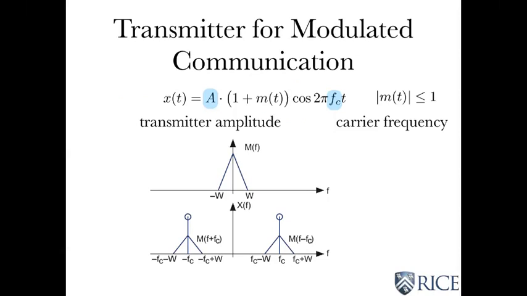Now I want to point out that the message bandwidth here is W. Don't forget bandwidth is defined to be the part of the positive frequency axis devoted to the message where it has power.